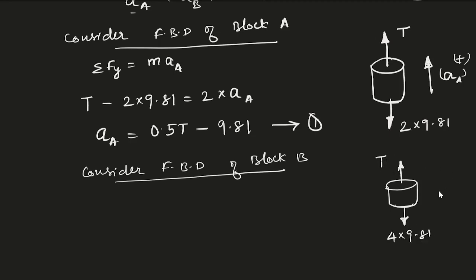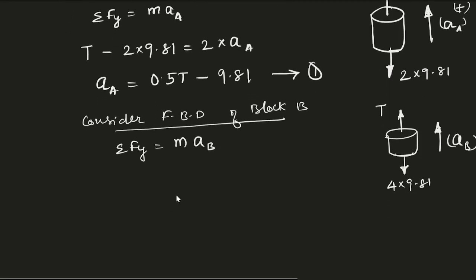Tension is T, and here also I'm assuming the acceleration in the upward direction. Similarly, F of y will be equal to m into AB. All the vertical forces, that means T minus 4 into 9.81, will be equal to m, which is 4, into AB.